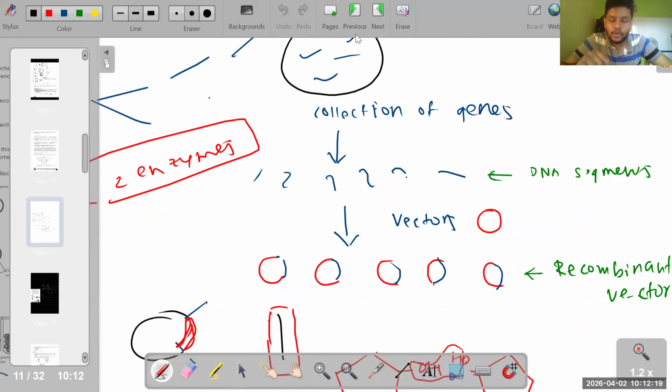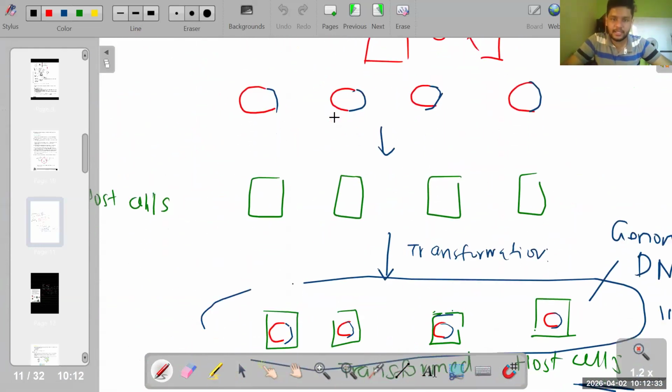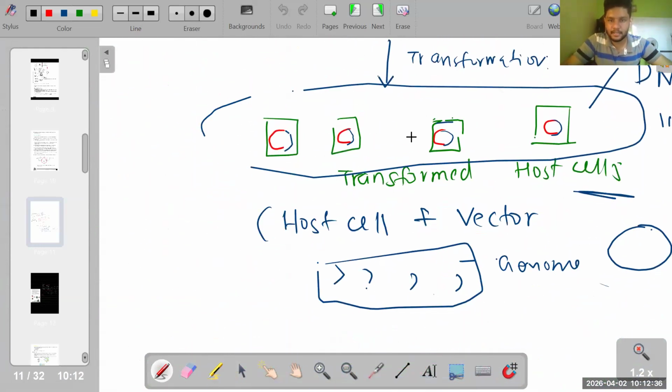No. For a cloning procedure, a vector is essential. So we have to keep the vector and the DNA fragments together safely. If we want to keep those two safely, this is the only safe method. Can you see? Is that clear?